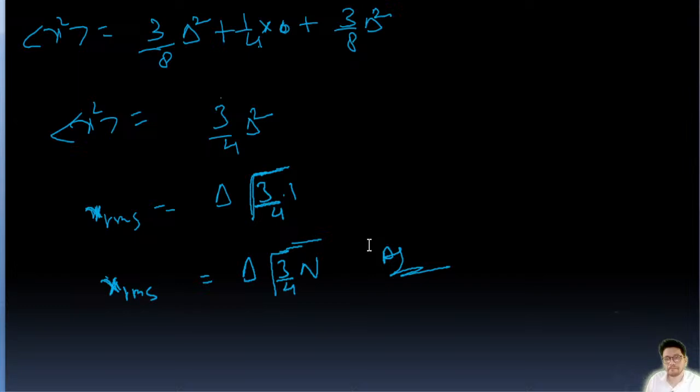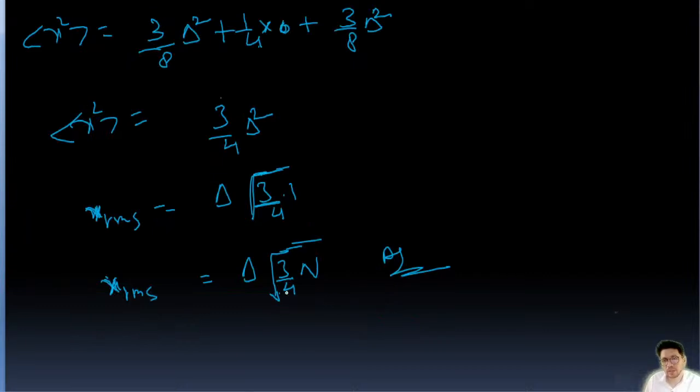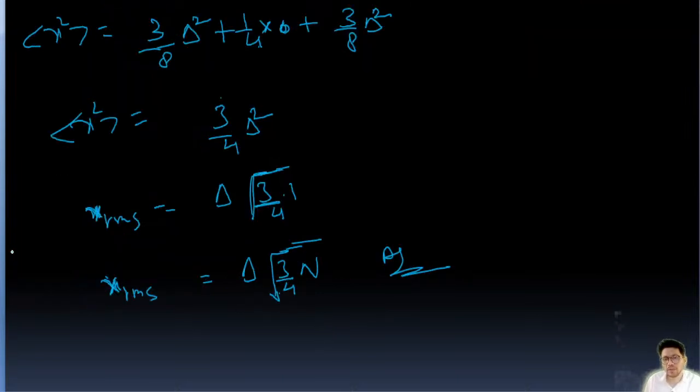Okay, this is simple, in the form K root n. So this is delta root 3 by 4 n. Which option is matching? Option C is matching. Option C, delta root 3 by 4 n.